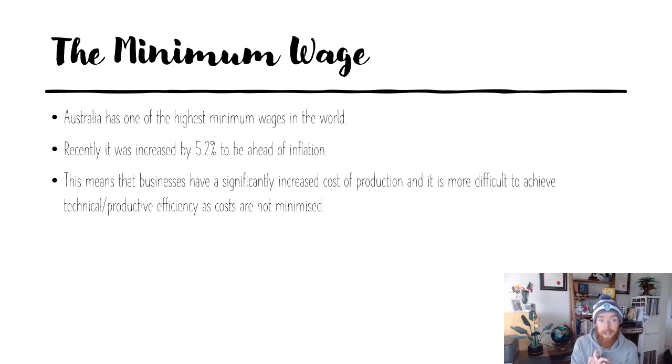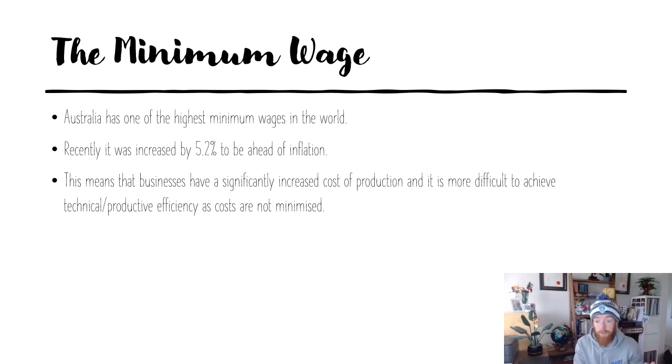This means that businesses have significantly increased costs of production, and therefore it is more difficult to achieve technical or productive efficiency as costs are not minimized. It also means that businesses are less incentivized to produce, and are likely to reduce their production and potentially output overall. So there are 3 really clear contemporary examples of government intervention in markets that has led to a less effective allocation of resources.